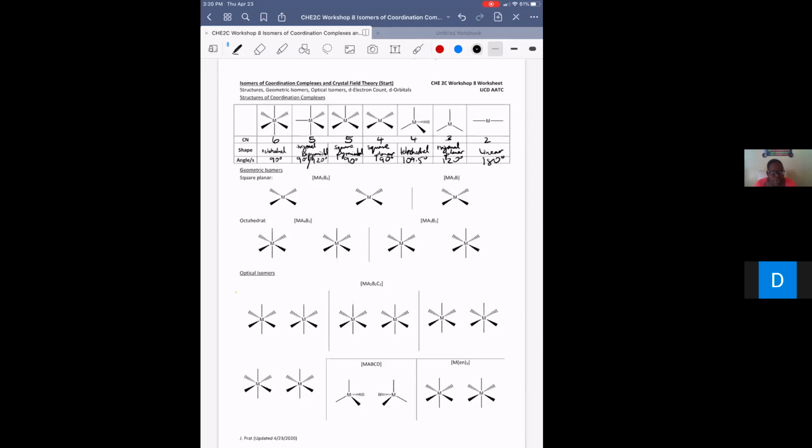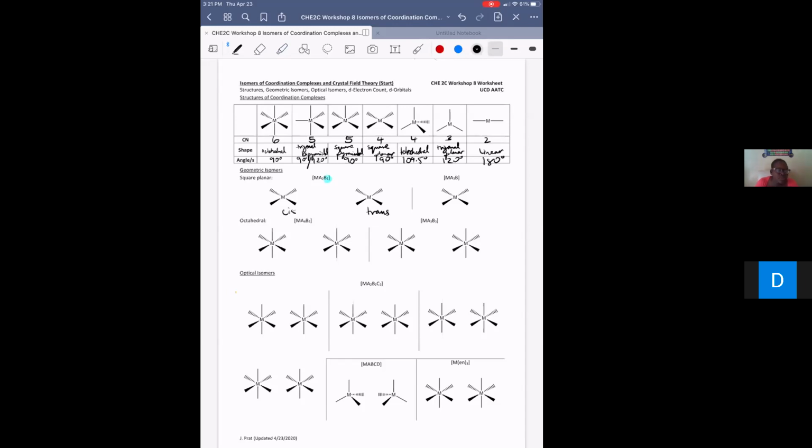Now let's talk about geometric isomers. So we can have square planar geometric isomers, where if we have 2 of the same type of ligand, we can consider it to be cis or trans.